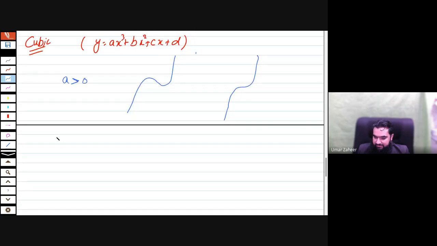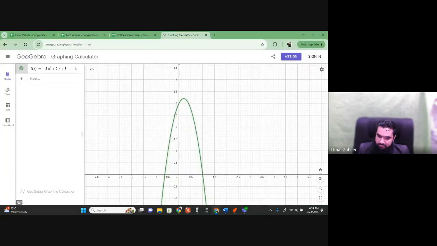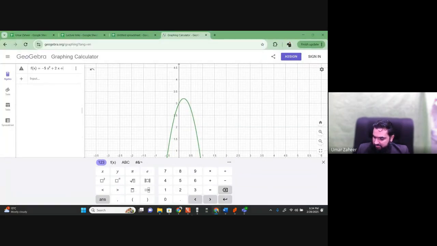Or if the coefficient of x cube is less than 0, the same shape but going from left to right like this, or like this. Let's check. We are going to be talking about the cubic graph now. Let's say we have x power 3.